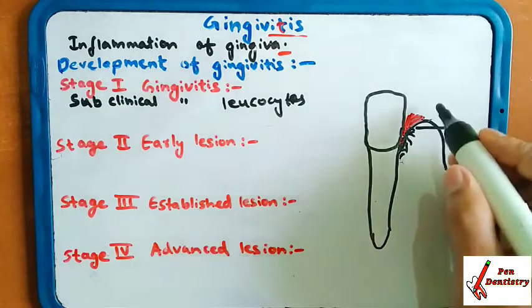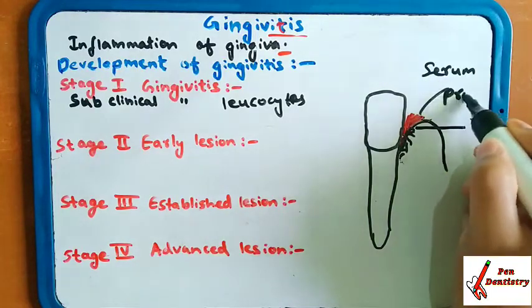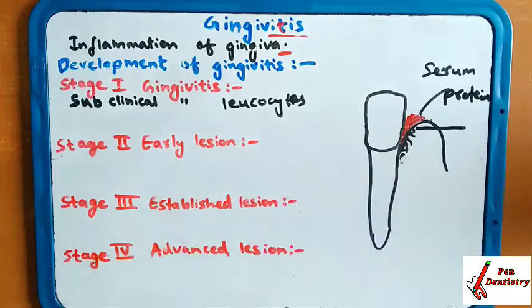Here there will be a presence of serum protein, and loss of perivascular collagen. The collagen which is present will be lost.